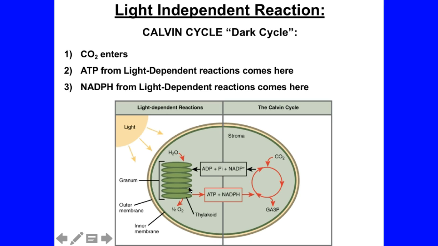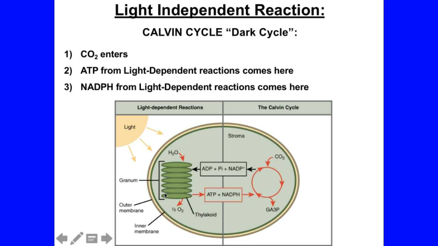So what went into the light-dependent reaction was water. Also, we had ADP and phosphate available, as well as NADP+, and also light energy. And what was the result of the light-dependent reaction? We had oxygen created here, and we also had ATP and NADPH created as products of this cycle.